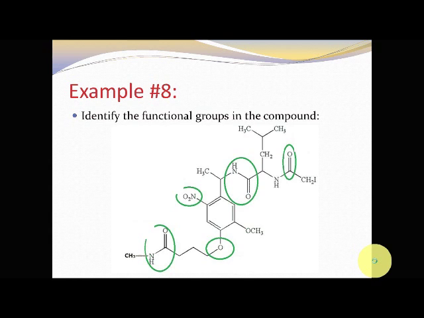Okay, so starting up here, this is called a ketone. So the O is double bonded to the carbon. The next one circled over is called an amide because it has the nitrogen and it has the O. So it's called an amide.